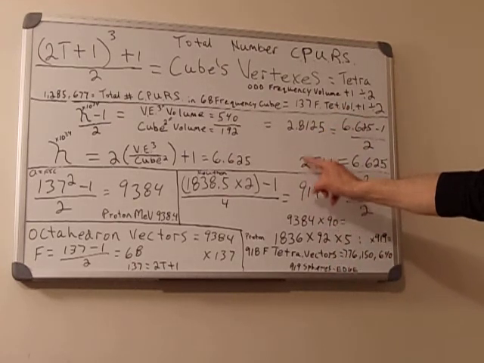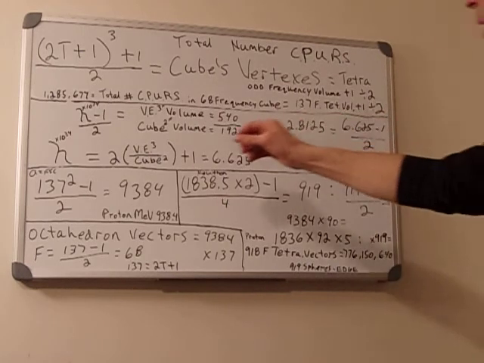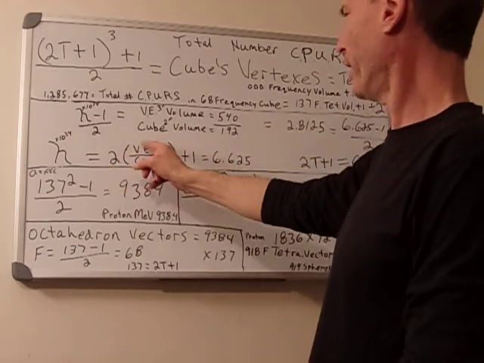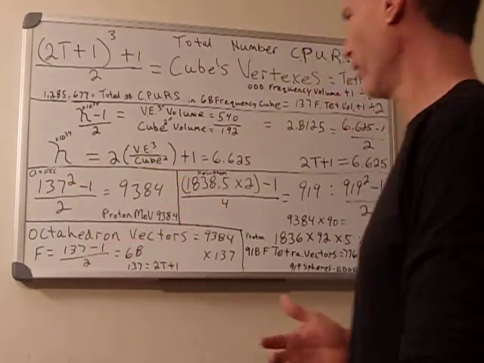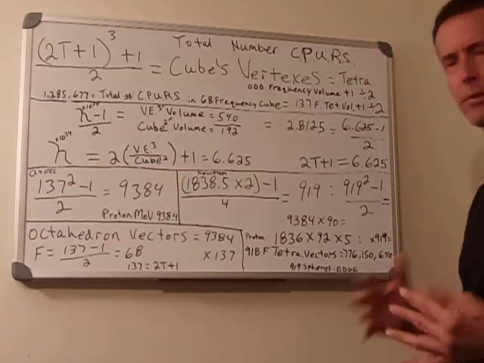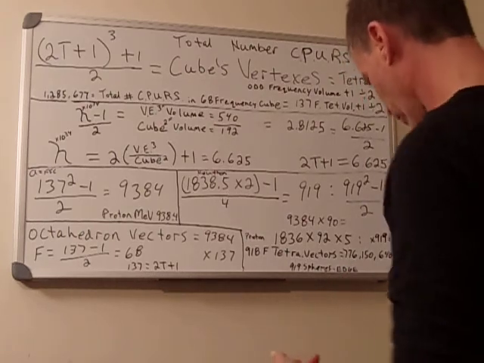2 times 2.8125 plus 1 is equal to Planck's constant times 10 to the 34. So we've got 2t plus 1 equals Planck's constant times 10 to the 34. Once again, some interesting number patterns. I think scientists might be interested in trying to understand this.